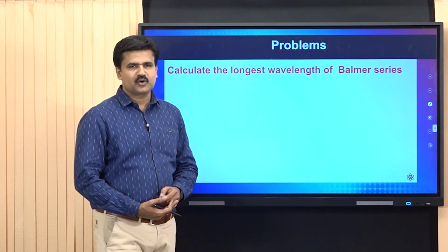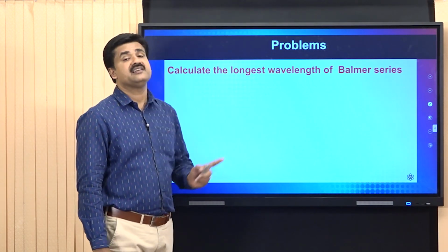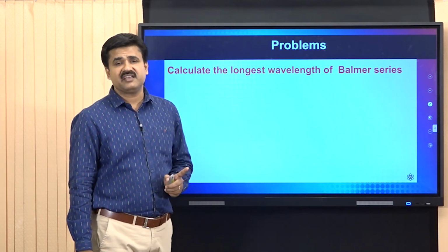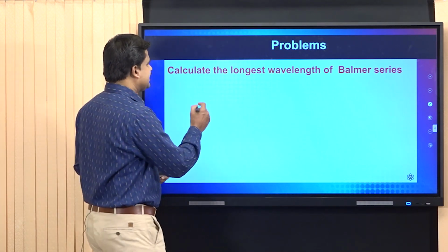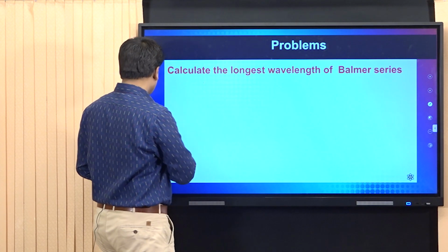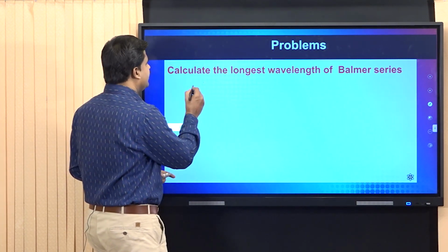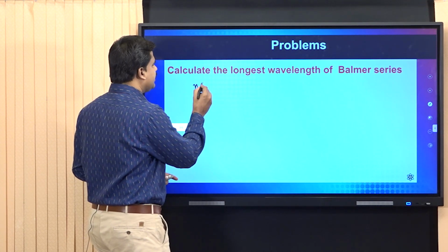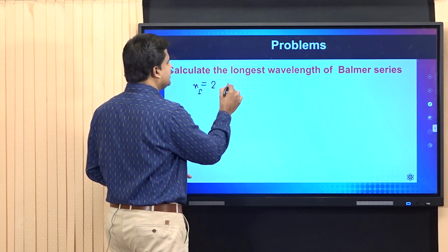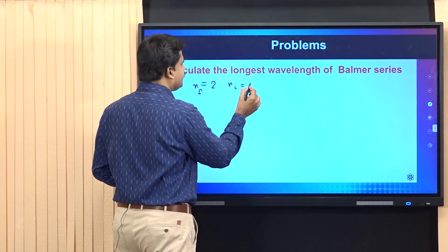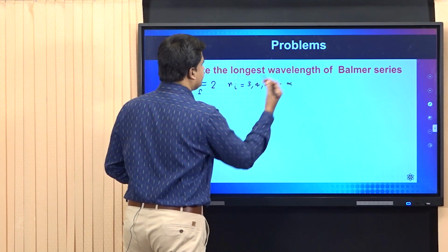Moving on to another problem, we are going to find out the longest wavelength of Balmer series. For Balmer series, the value of n final is fixed, that is equal to 2, and n initial may be 3, 4, 5, 6, etc. up to infinity.